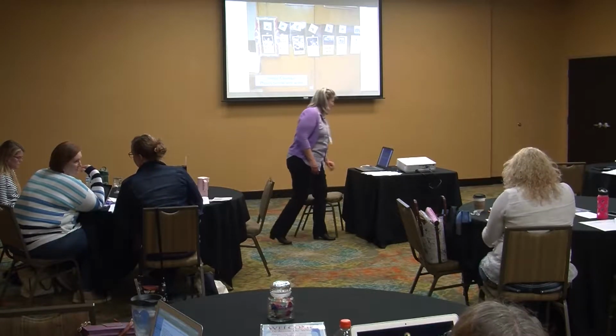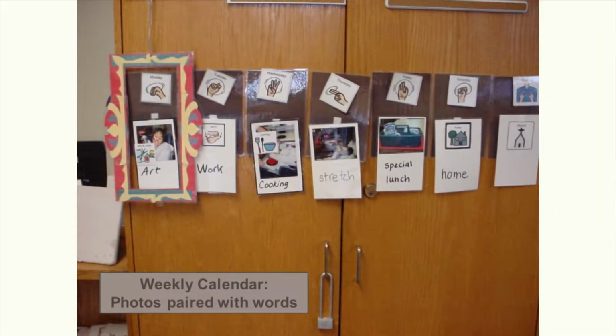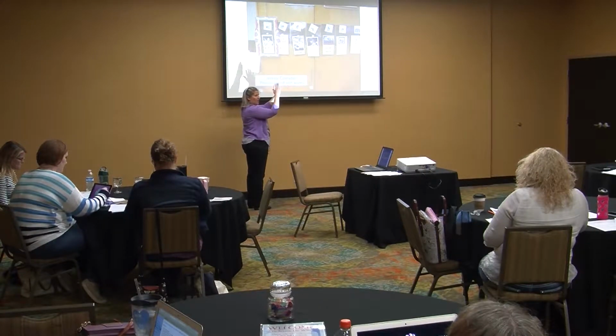Okay, here's just another. This one is a weekly calendar, photos paired with words, and you see the little picture frame kind of. That's how they move through. We're on this day, we're on Monday. On Mondays we do this. So it's a way for them to visually and tactually feel. I would imagine this kid has some vision, or they wouldn't be using pictures.